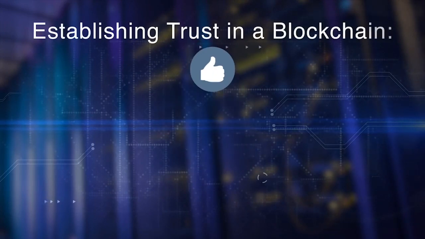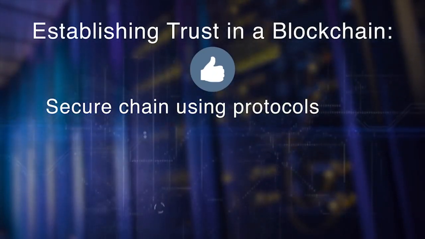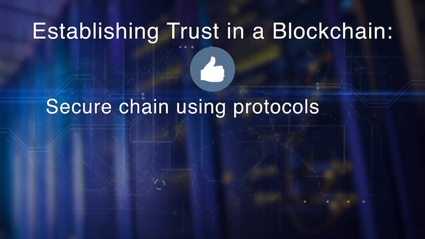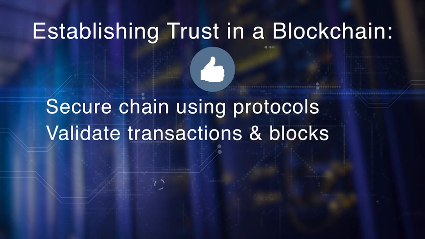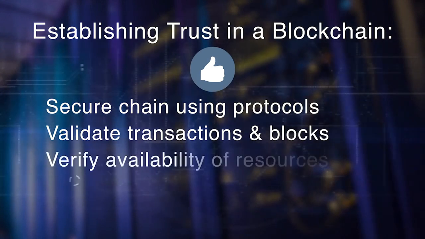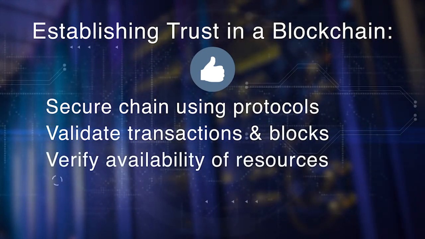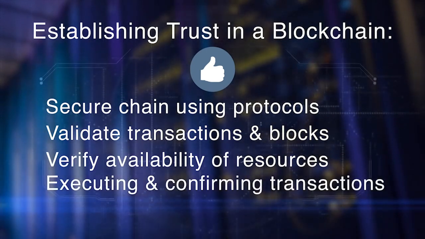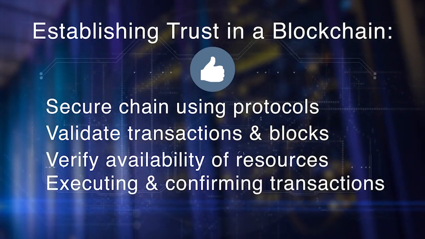This is accomplished by securing the chain using specific protocols, validating the transaction and blocks for tamper-proofing, verifying the availability of resources for transactions, and executing and confirming the transactions.